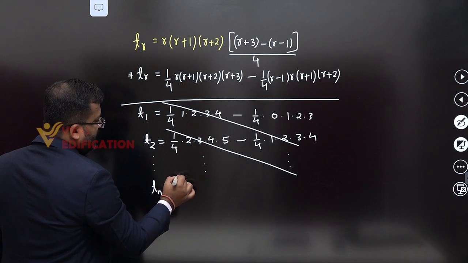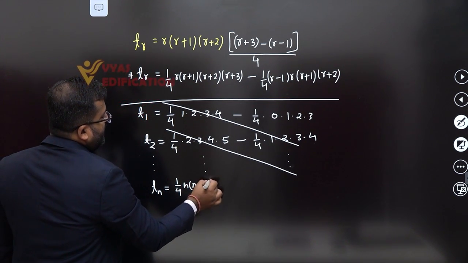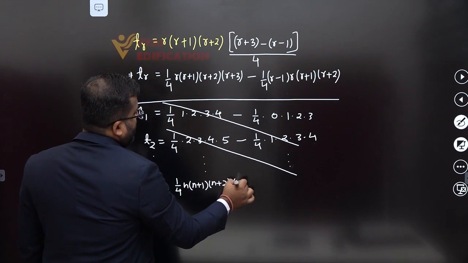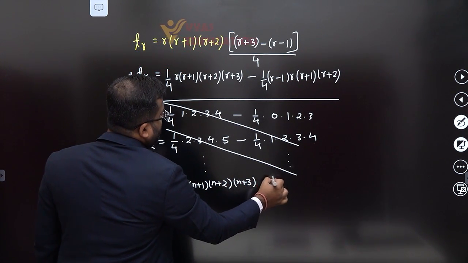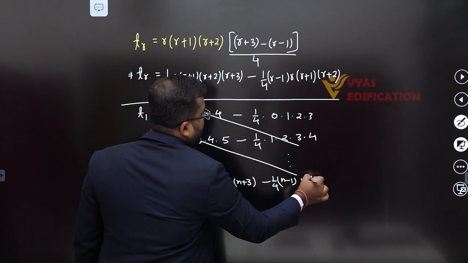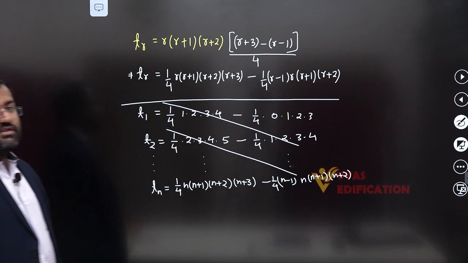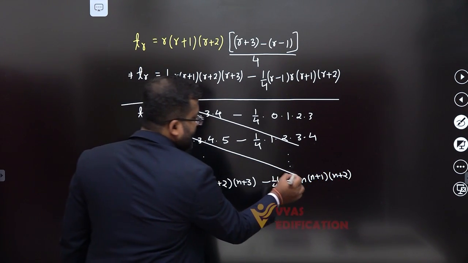Tn, what is Tn? 1 by 4, n plus 1, n plus 2, n plus 3 minus 1 by 4 times n minus 1, n plus 1, n plus 2. Yes or no? This is what you'll get. And yes, this gets cancelled.